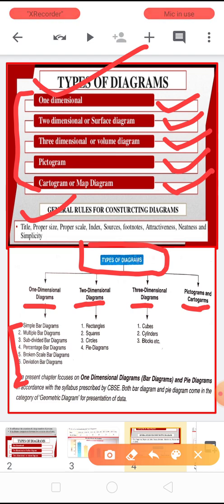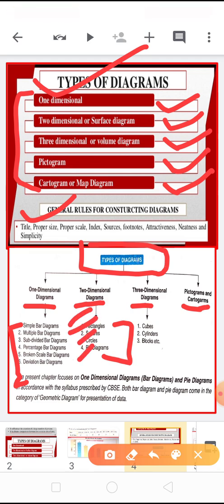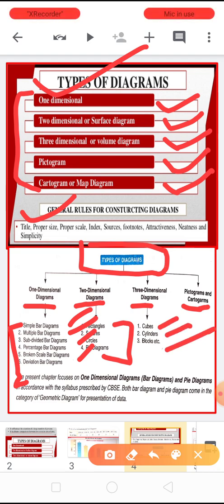Next we have the two-dimensional diagrams, in which we have rectangles, squares, circles and pie diagrams. This is again the classification of two-dimensional diagrams. In the three-dimensional diagrams, we have cubes, cylinders and blocks, etc.